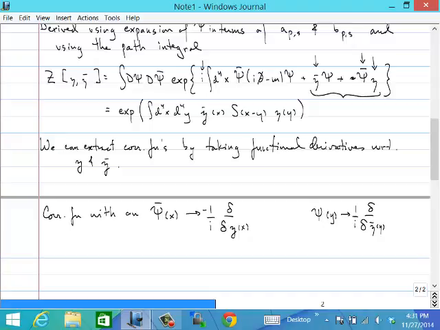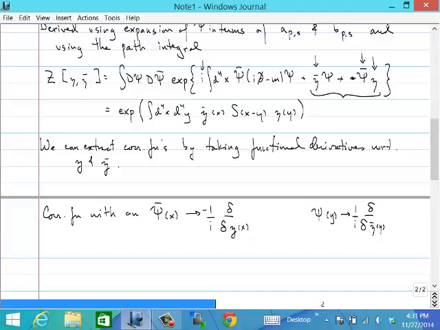And then you could go ahead and just imagine studying scattering amplitudes or computing correlation functions in this theory by computing a path integral, a generating function, just as we did for a real scalar field. So in this case, what we want to do is introduce sources for both the fermions and the boson. So this is going to be the integral over all of the fields in the theory of the action plus all of these various source terms.